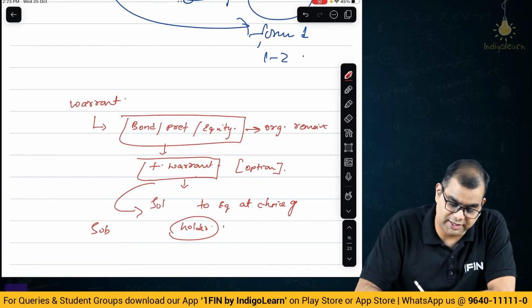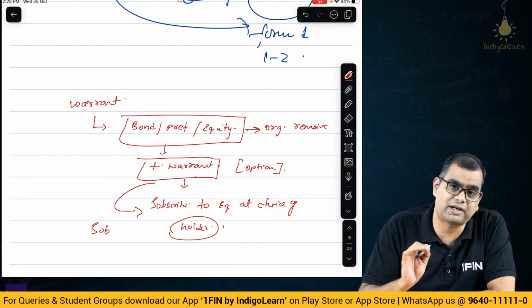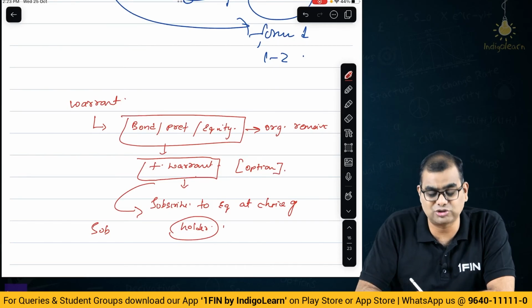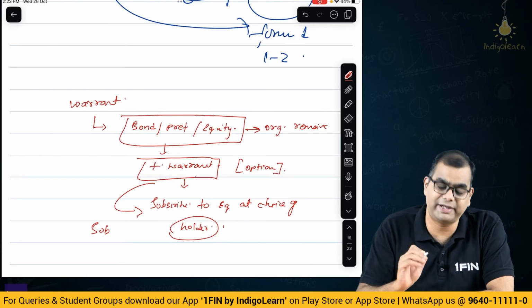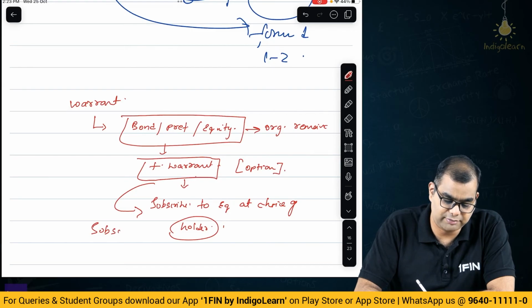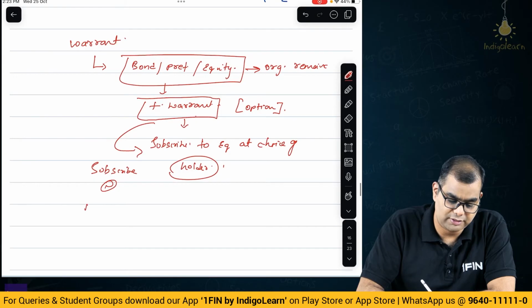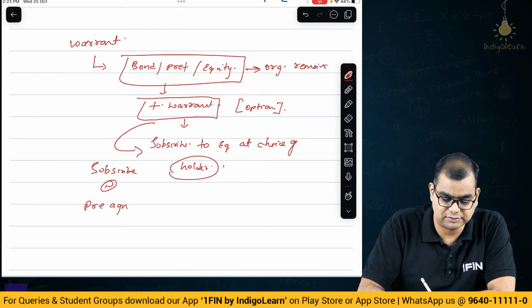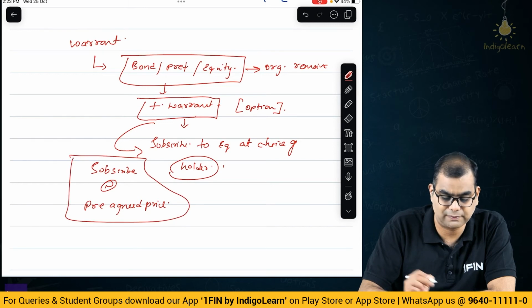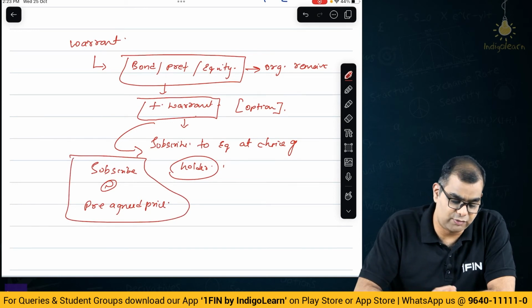I should use the word subscribe. This warrant will give the right to the holder of the warrant to subscribe to a fresh equity issue at a predetermined price. Subscribe at pre-agreed price. Okay, so that is what is a warrant.